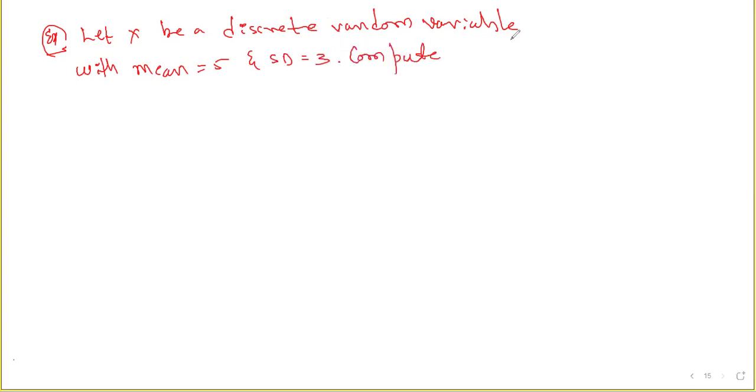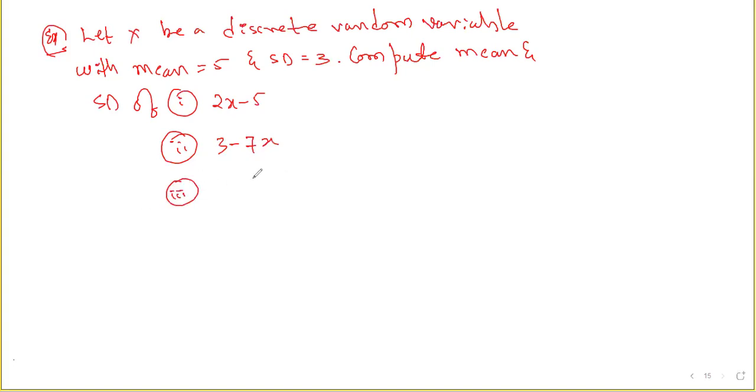Next, compute the mean and standard deviation of the first one, that is 2x minus 5. Second one, 3 minus 7x. Third one, (x plus 1) by 2.